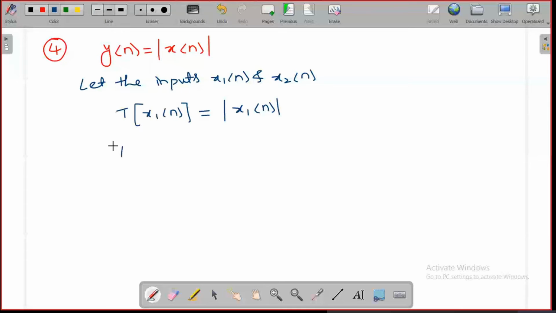The response for the second input, t of x2 of n, is equal to mod x2 of n.